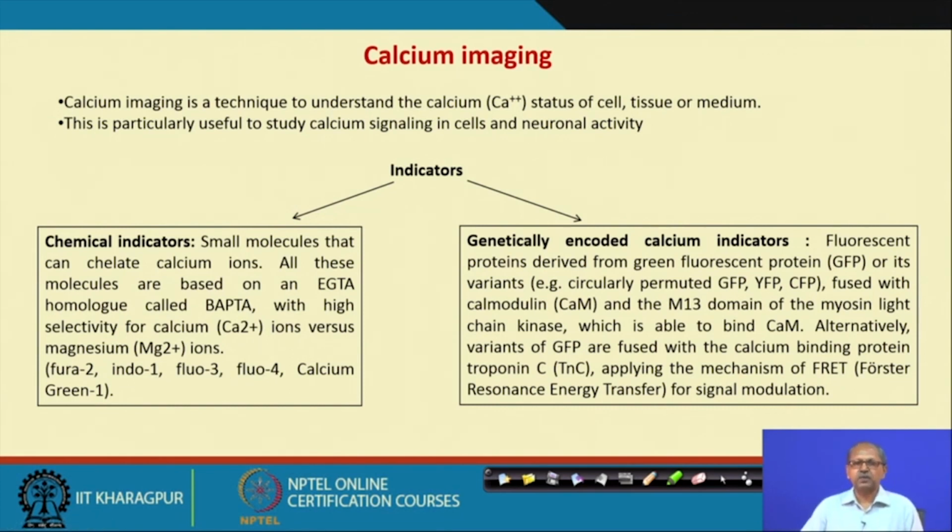And another group is protein encoded indicators, that is GFP, green fluorescent protein tagged to the calcium binding domain of calmodulin or the M13 domain of myosin etc. It can be cloned in the host cell itself, then we can assay live cell mapping for calcium signaling.